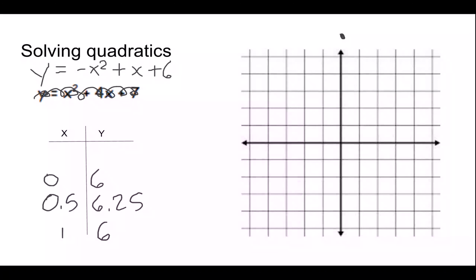So I'd have a point about right there, and right there. Even when I try to go down, it's going to be hard for me to estimate where those cross the axis. So we're going to need some more points. We're going to have to go back up here and get a couple more points.